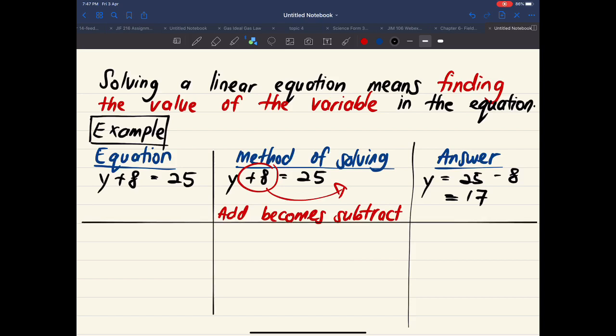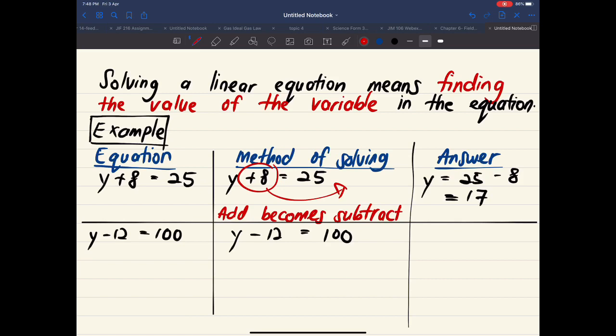Okay, now let's try another example. y minus 12 equals to 100. It's the same thing, but now it is minus 12 equals to 100.